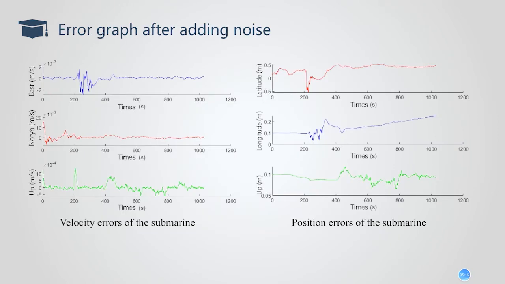In order to verify the improved performance of adaptive filtering in the case of filtering divergence, the measurement noise was increased 10 times from 600 seconds to 610 seconds. The final speed error and position error of the submarine are shown in this page of PPT.